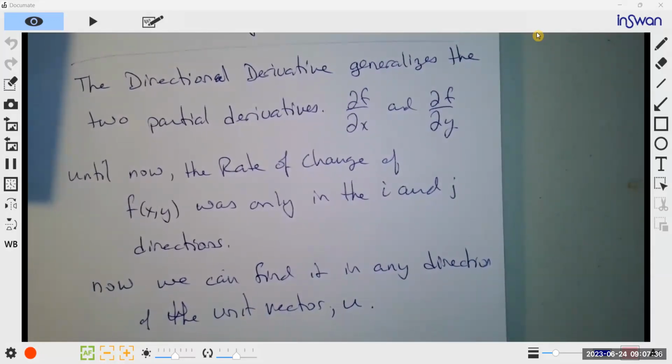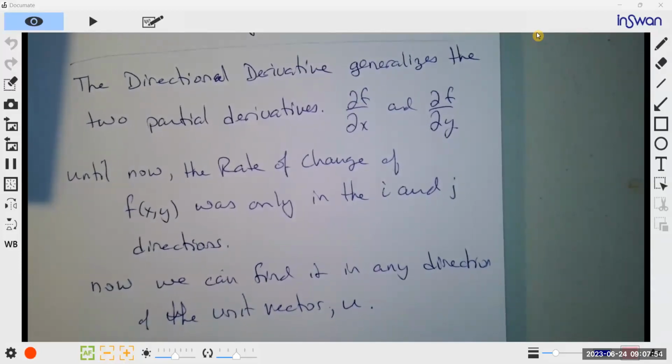So now it's important that we find our unit vector when we deal with directional derivatives, because, as we've seen in our formulas earlier, x is x sub 0 plus s u sub 1, and y is y sub 0 plus s u sub 2.